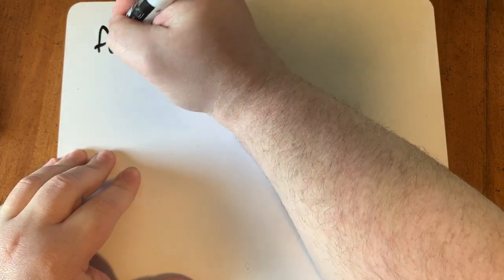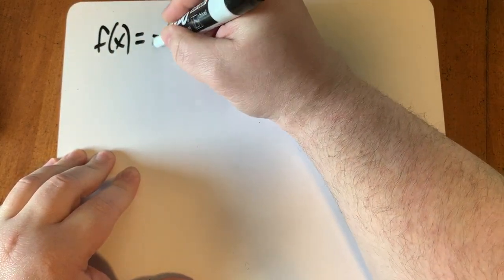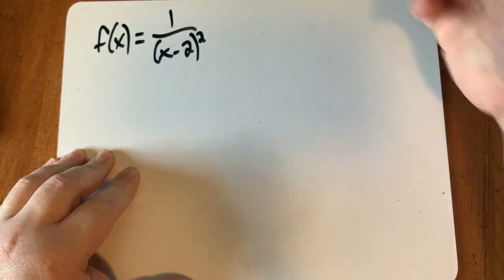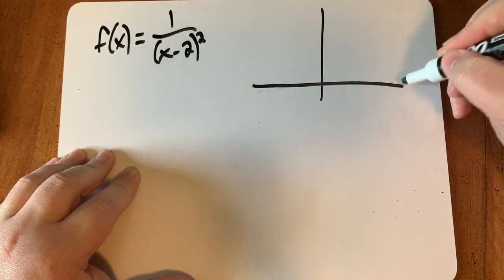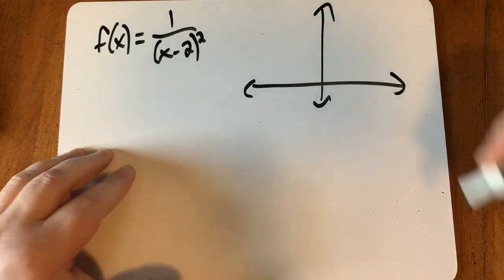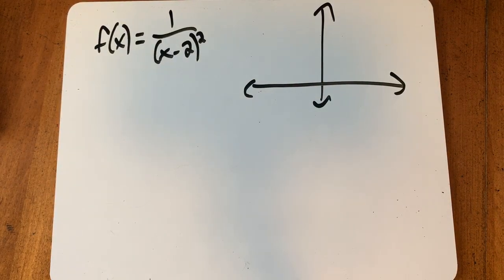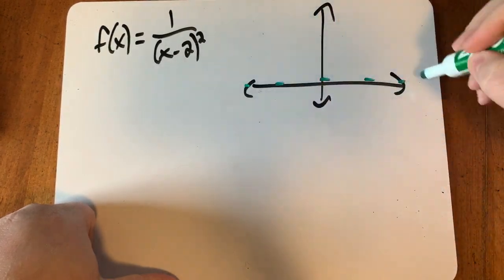Now, there are a couple other ways to get a limit that doesn't exist. It doesn't have to be just that the left and right side limits do not approach the same thing. Another way it can work is to take f of x equals 1 over x minus 2 squared. The graph of this: the numerator has a lower degree than the denominator, so we have a horizontal asymptote at 0.